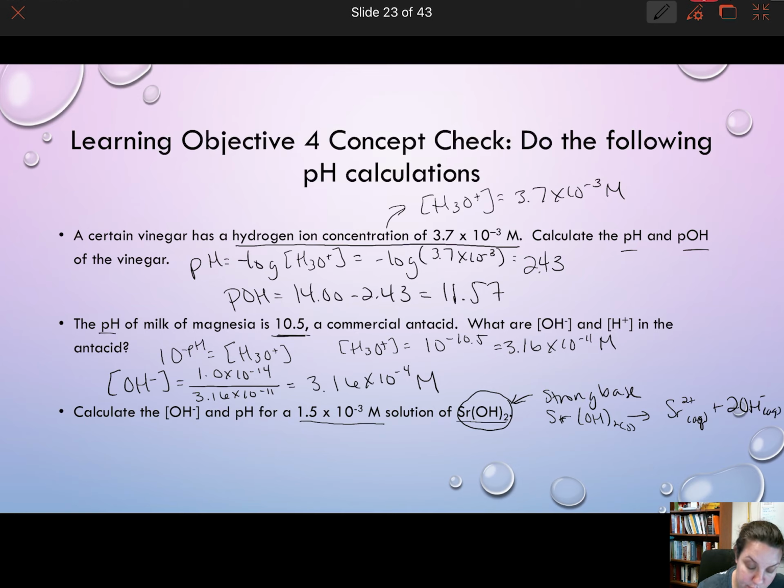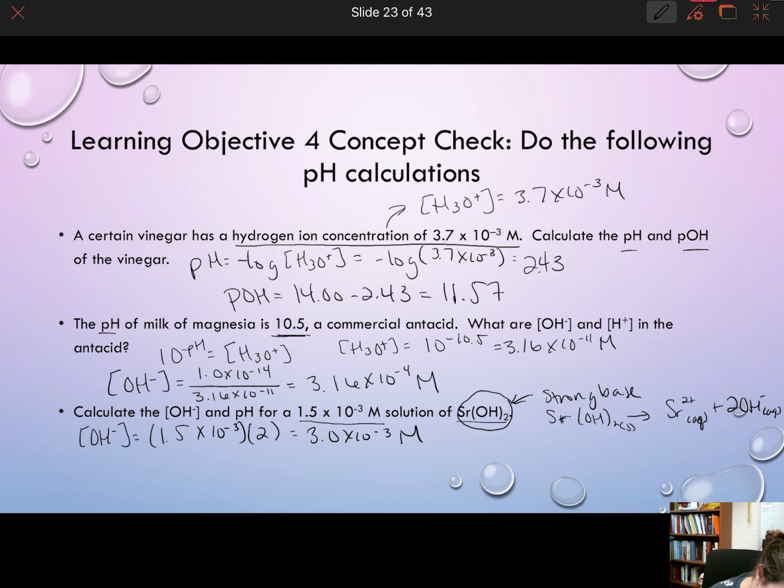So we can take our strontium ion concentration, multiplying by our n value, which is 2, to get our hydroxide concentration. So our OH minus concentration here would equal our strontium concentration, 1.5 times 10 to the negative 3, times our n value, 2, giving us 3.0 times 10 to the negative 3 molar for our hydroxide concentration.